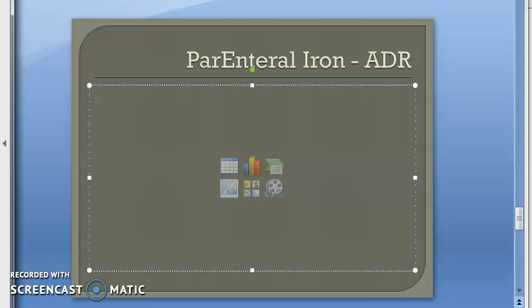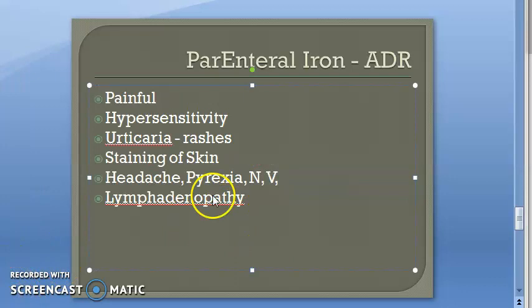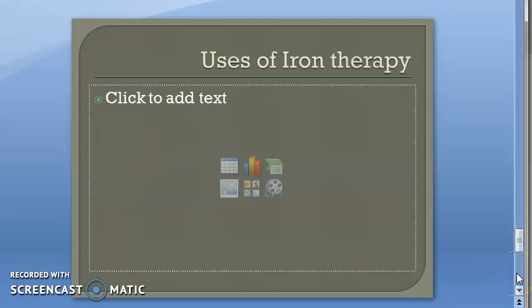Because it is absorbed by lymphatics, there could be lymphadenopathy, urticaria, anaphylactic reaction. Okay, so let's write them all down. Say lymphadenopathy because of parenteral iron therapy.